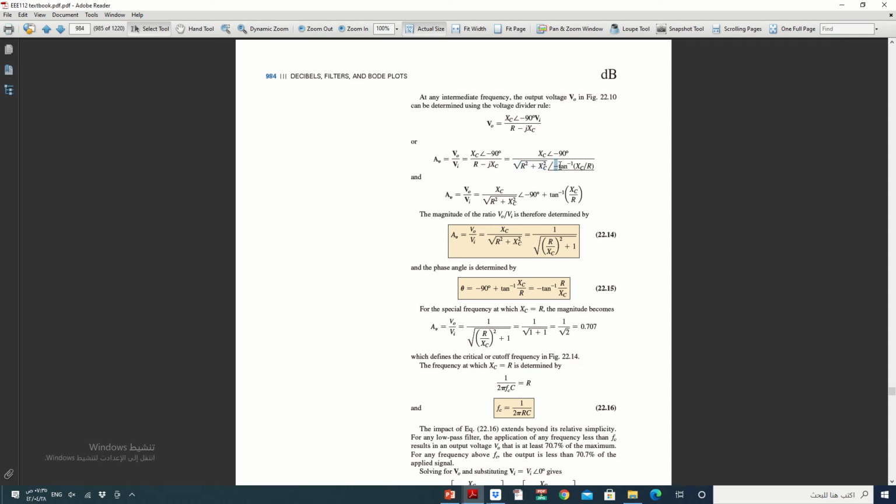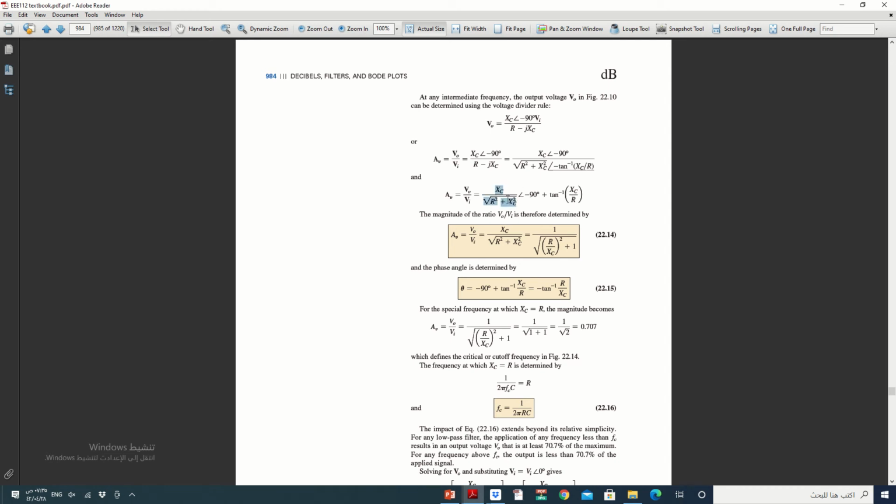If you remember, we studied this in chapters 15 and 16 when we studied series and parallel circuits. Now if we divide the angle, minus 90 divided by minus tan inverse XC over R, you will get minus 90 plus tan inverse XC over R.